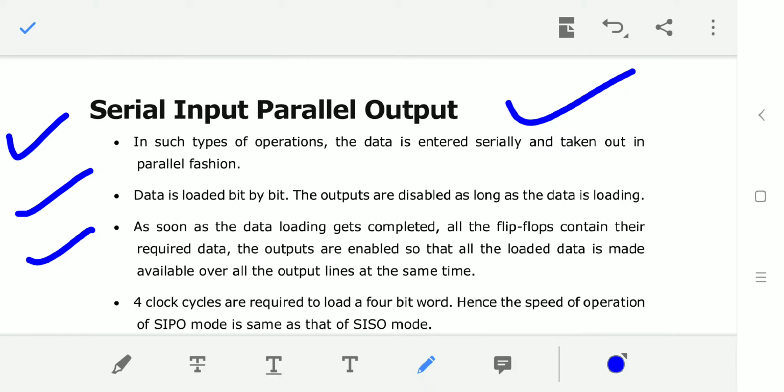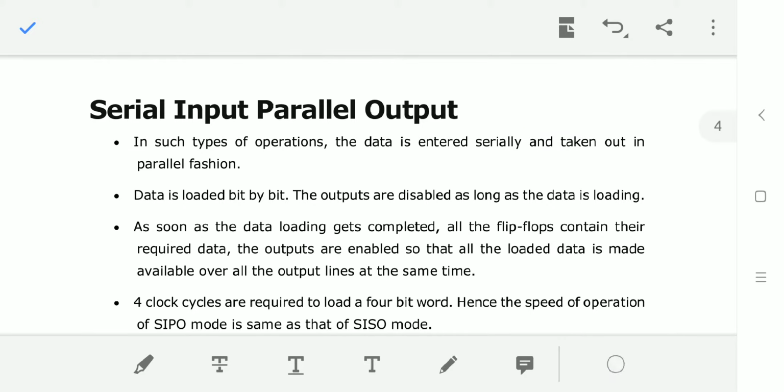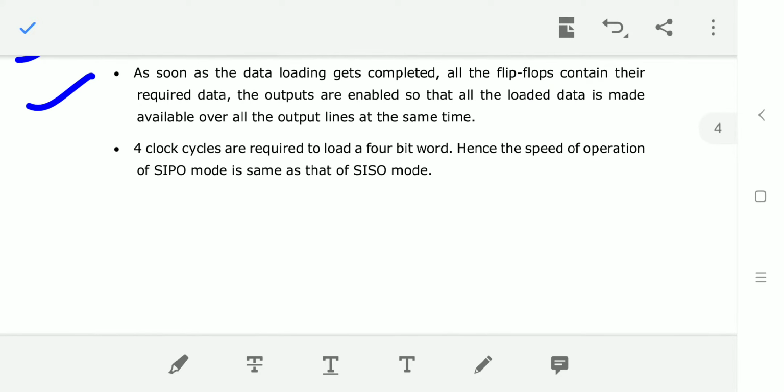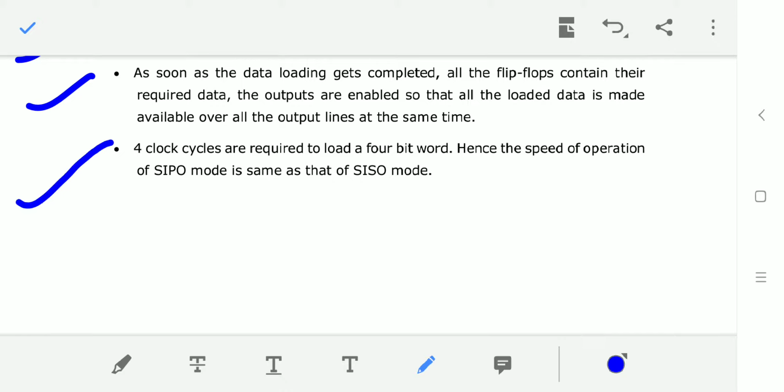The outputs are enabled so that all the loaded data is made available over all the output lines at the same time. 4 clock cycles are required to load a 4-bit word. Hence, the speed of operation of SIPO mode is the same as that of SISO mode.